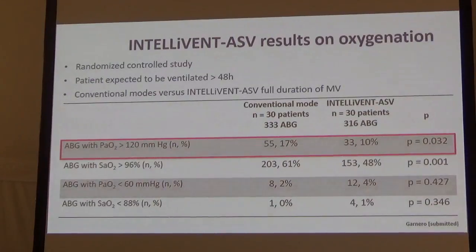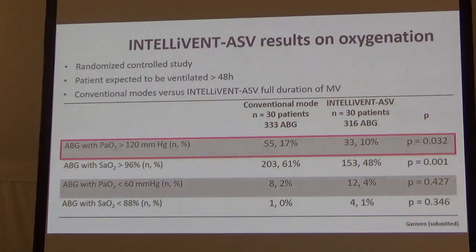We compared 30 patients ventilated in conventional mode and 30 patients in INTELLIVENT-ASV. And when we looked at all the blood gases of these patients, we found 17% of blood gases with hyperoxemia in the conventional group, and it decreased to 10% in INTELLIVENT-ASV.